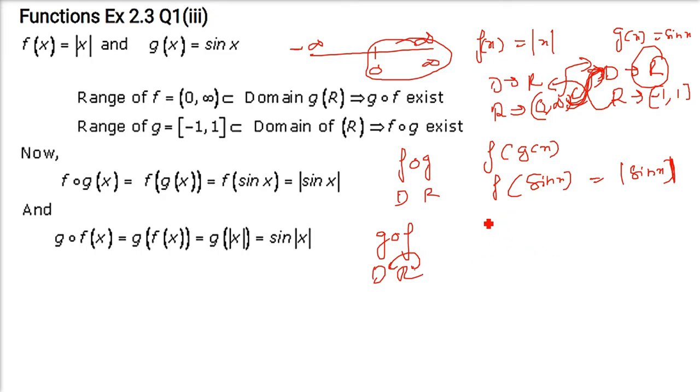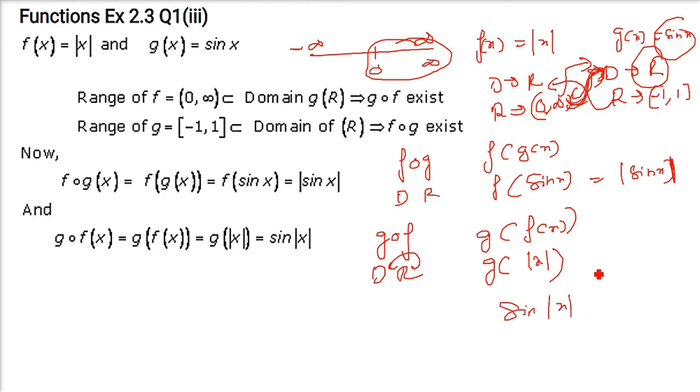So 0 to infinity is already coming in minus infinity to infinity. So g of f of x: take f of x, which is mod x, and put it inside g of x, which is sin x. So in place of x, put mod x. That is sin of mod x. So this is your answer.